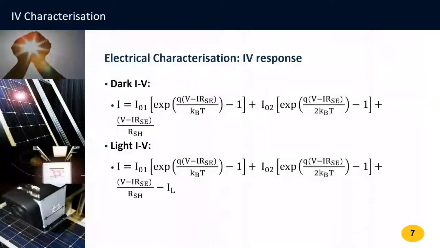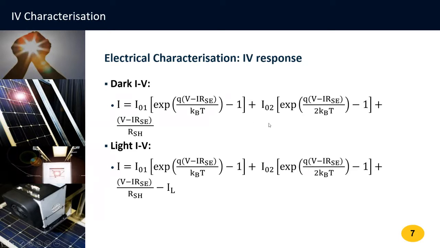Okay, so the electrical characteristics for a cell are those highlighted over here, where the first section of the equation is for the first diode, because we're assuming a 2-diode model, where we've assumed the ideality factor is equal to 1, and that is for simplification purposes, and it was shown that it was not necessary to have a variable ideality factor. Similarly with the second diode term, excepting it's got an ideality factor of 2.